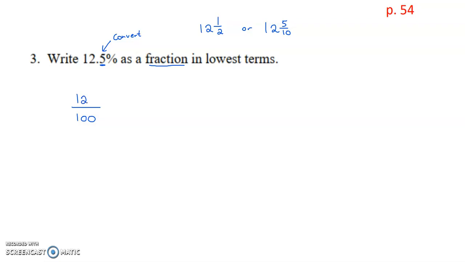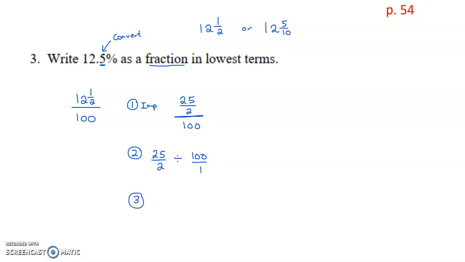I'm going to use 12 and 1/2 for this example, and I'm going to create my steps. So my first step is to change to improper. 12 and 1/2 becomes 25 over 2 over 100. Now I can do the setup. 25 over 2 divided by 100. Put that over 1.